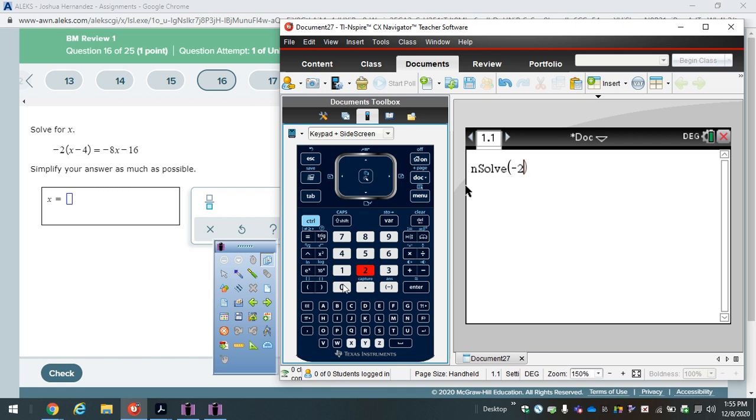Negative 2 parentheses x minus 4 equals negative 8x minus 16. You put the equation in exactly the way it's given to you. And you've got to put comma x, because that's the variable you put in here. And there's your answer, negative 4.